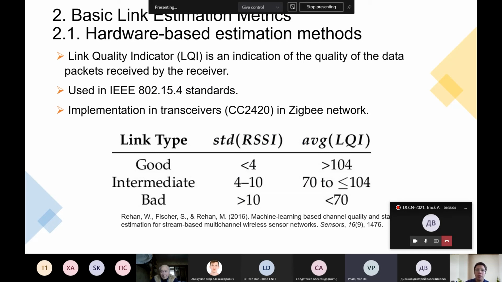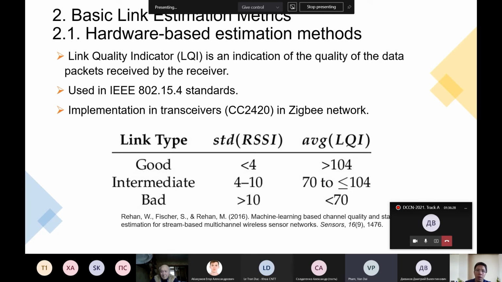Similarly to RSSI, the link quality indicator, defined by the radio chip manufacturer, is an integer value used to estimate the link quality. The link quality indicator is usually used to quickly determine whether the link belongs to the reliable reception range or not.